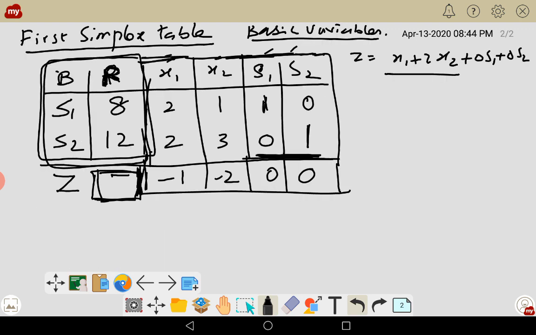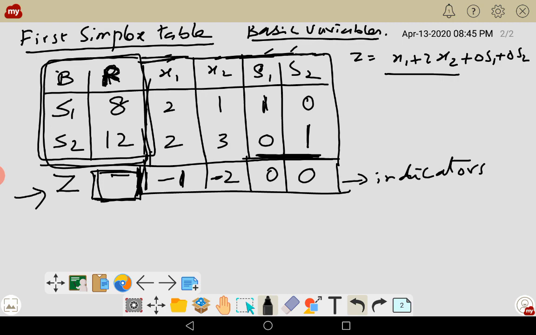Now let's go back here. If there is a negative sign in the Z row, these are called indicators. If there is a negative sign, we have to proceed with the problem. If there is no negative sign in the Z row, the problem comes to an end. So we will continue this process until we get all non-negative values for the Z row indicators.